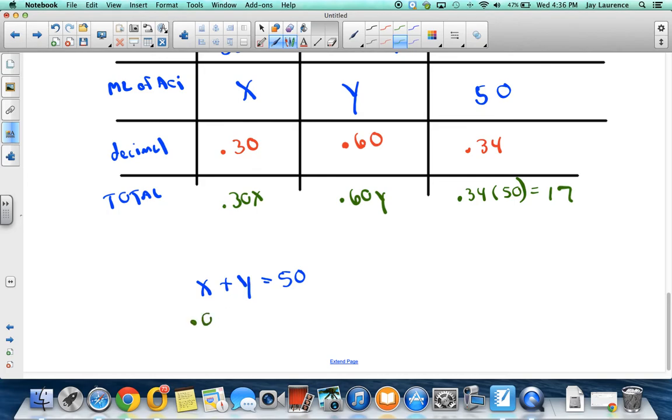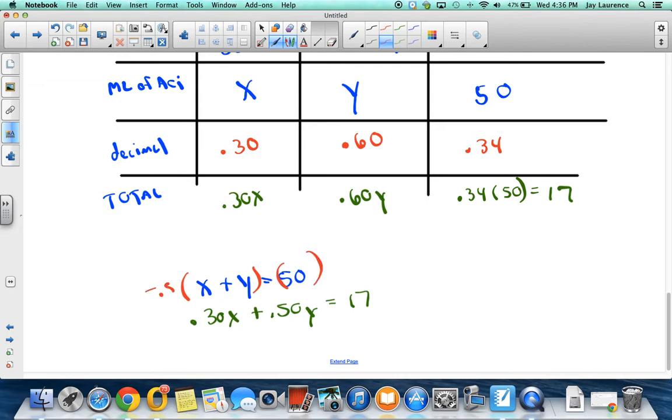All right, so I'm going to have 0.30x plus 0.60y, and that's going to equal 17. Okay, now here I'm going to go ahead. I'll tell you what. I'll do this one by elimination. I'm going to multiply the blue equation through by a negative 0.50, because that's not too bad to deal with.